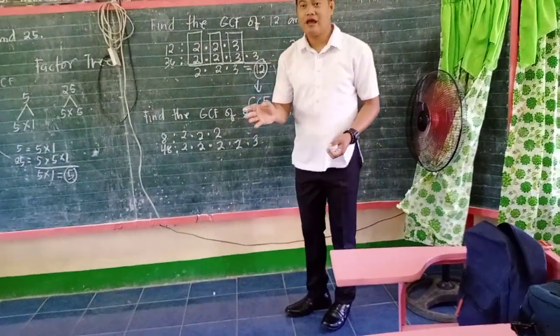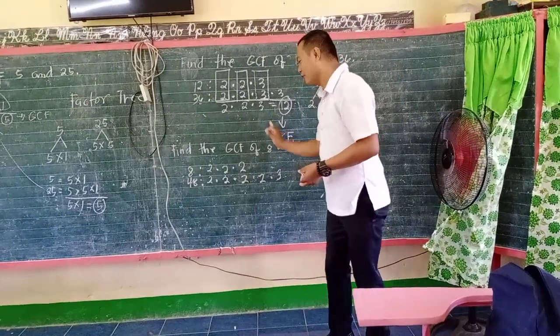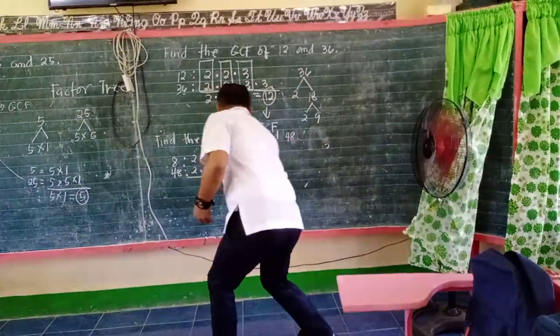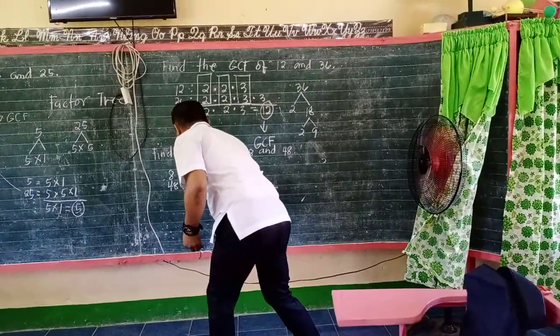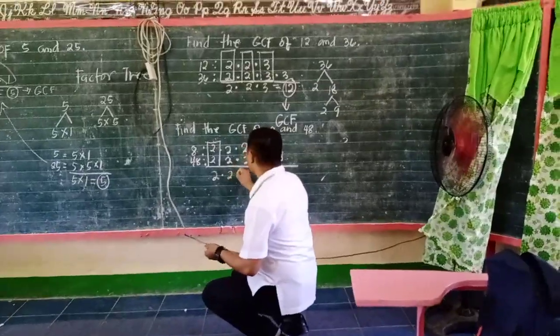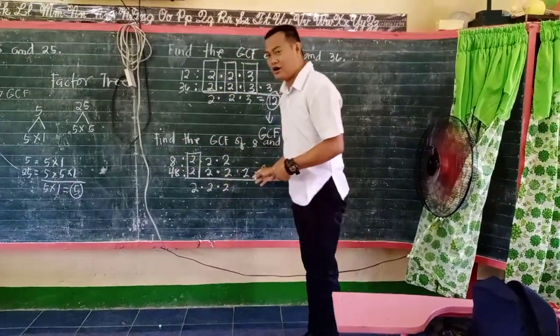Now, again, going back to the definition of the greatest common factor, we list the common factors on both numbers. So we have 2 times 2 times 2. Do we have more?